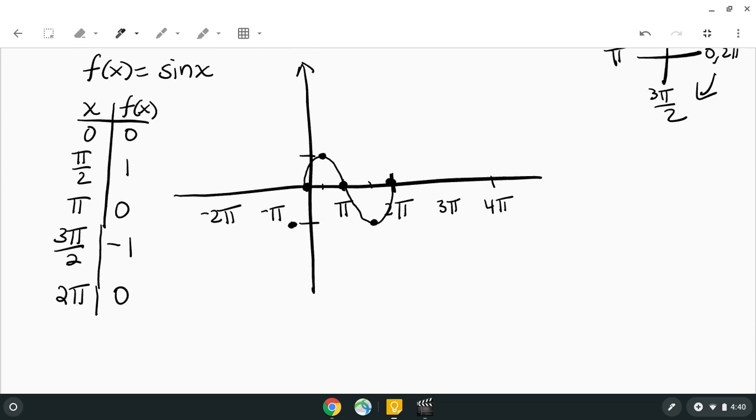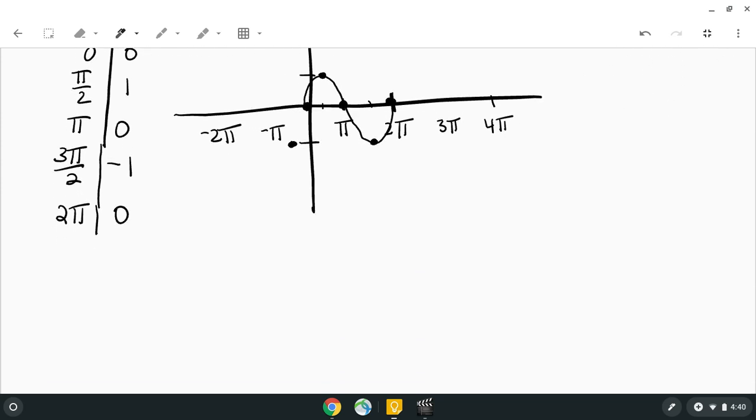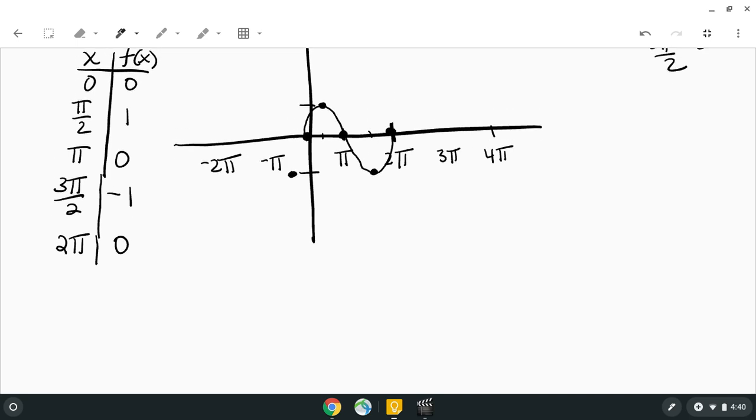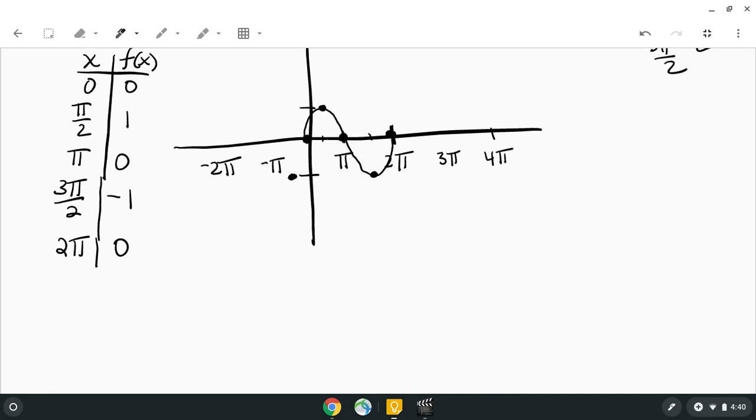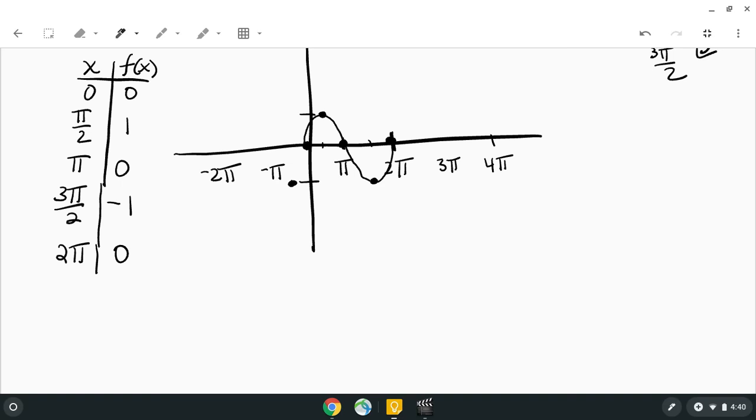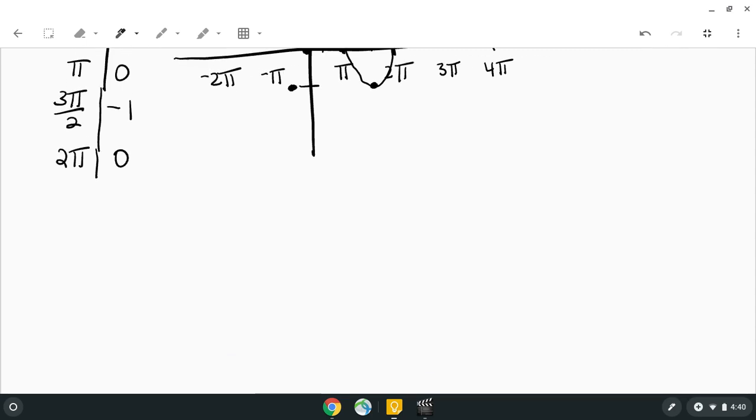Having just the one cycle is good enough, and these points you can derive just from doing this basic chart that I did here. But like I said, you should have had that chart memorized so you can just plot them. You don't need to have this table of values.